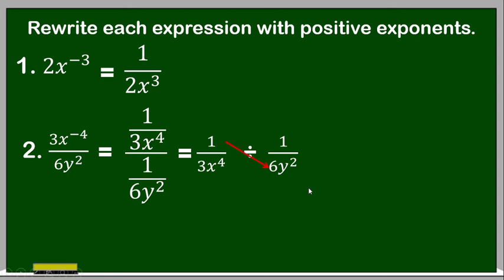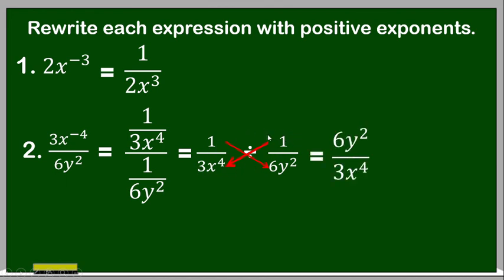1 times 6y squared. This is now the result in the numerator. And the other one is 1 times 3x to the fourth. This will be the value of your denominator.